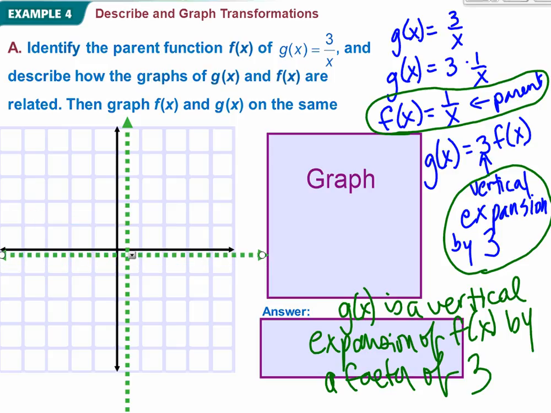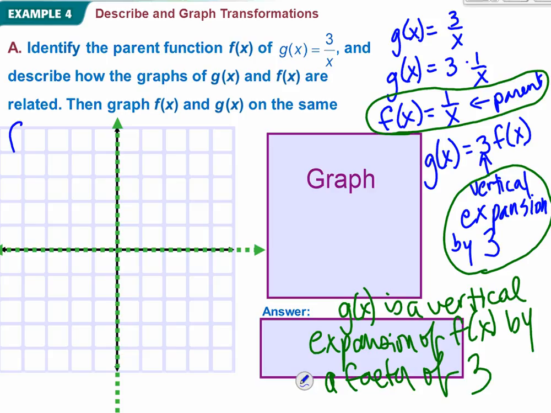So just to make it a little easier to see, in my opinion, f of x I'll graph in blue. f of x is 1 over x. That's our parent function. And if you remember 1 over x, if you're not sure, you can make a table of values, but it's undefined at 0. When x is 1, 1 over 1 is 1. That's a key point to me. When x is 2, it's at a half. When x is a half, it's at 2.